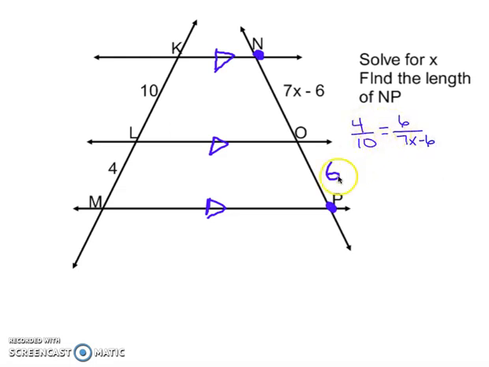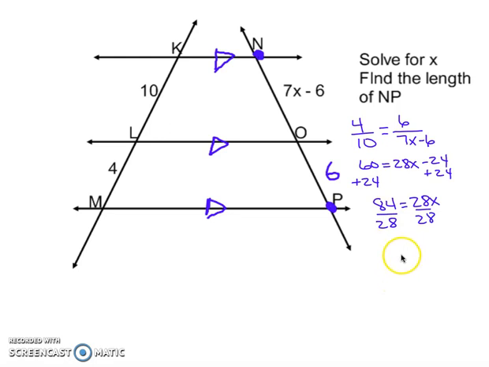And when we cross multiply here, we would get 60 equals 28x minus 24. And then we would just add our 24 to each side, and we would get 84 equals 28x. Divide our 28 off from both sides, and we would find that x equals 3.